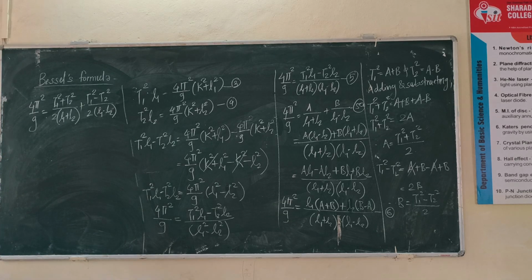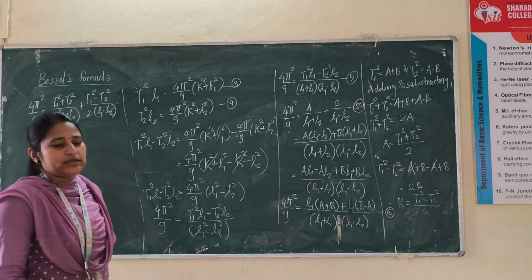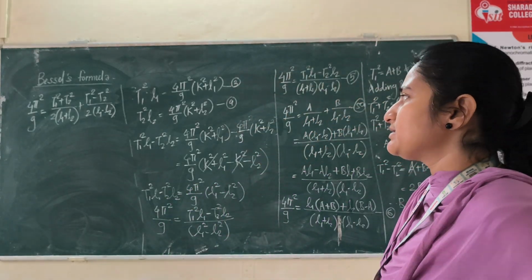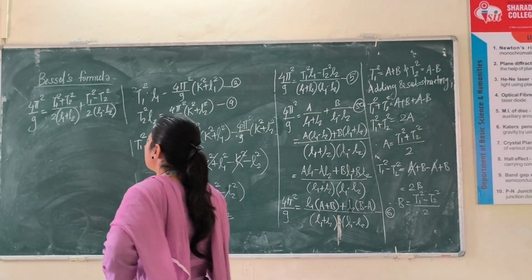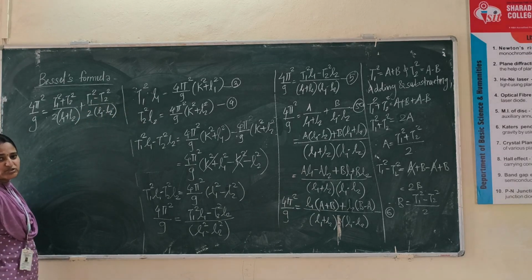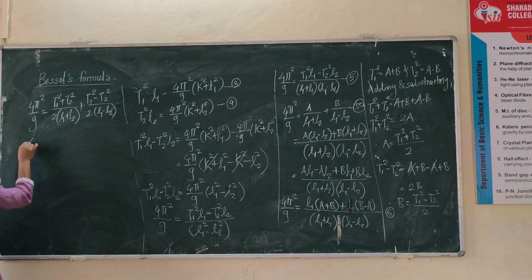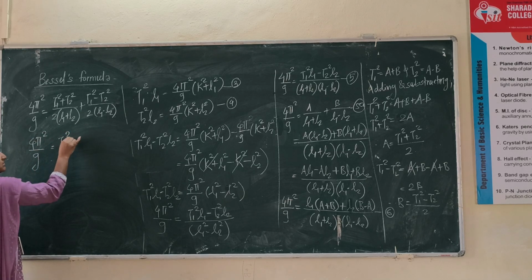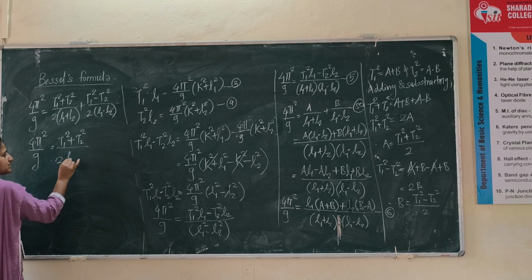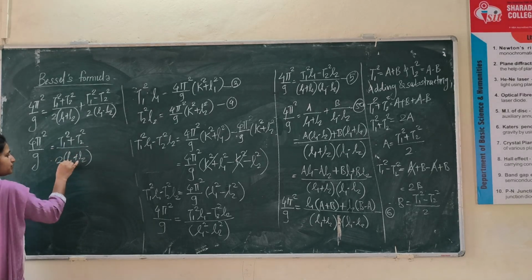Okay, so again we know that T1 is not exactly equal to T2. If we consider T1 is equal to T2, then the second term, that means T1 square minus T2 square, becomes 0. So neglect this term. We get 4 pi square by g is equal to (T1 square plus T2 square) divided by 2 into (L1 plus L2).